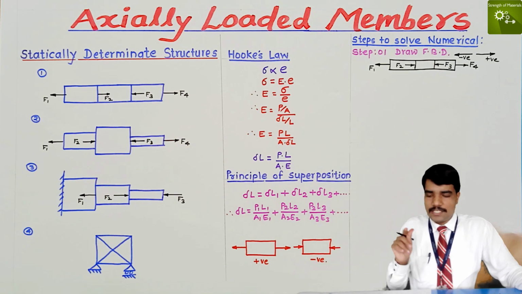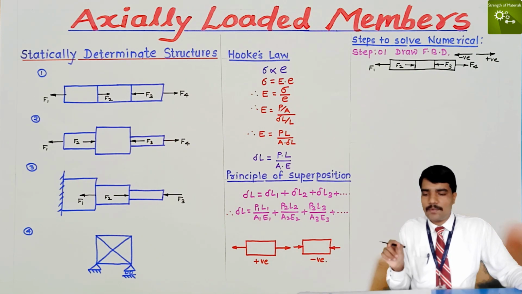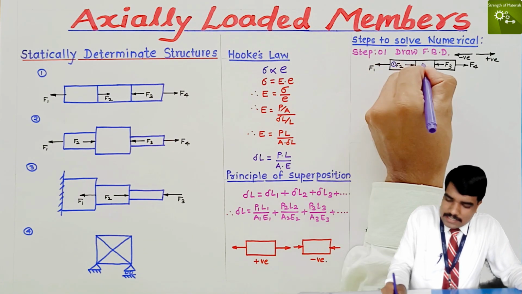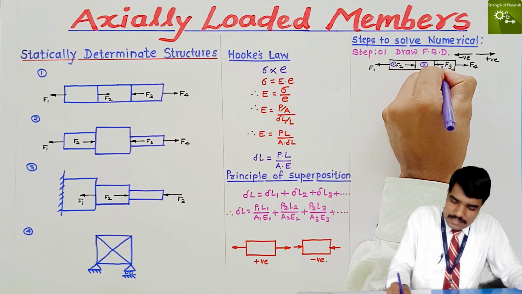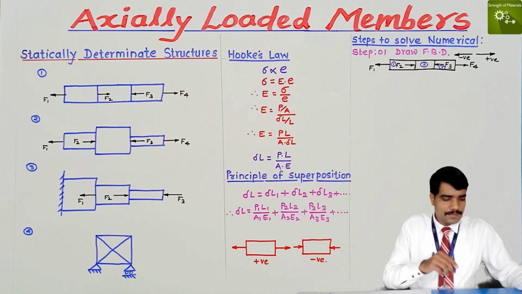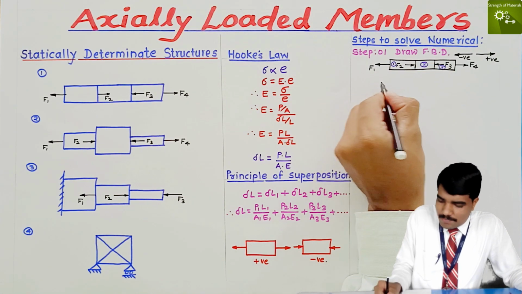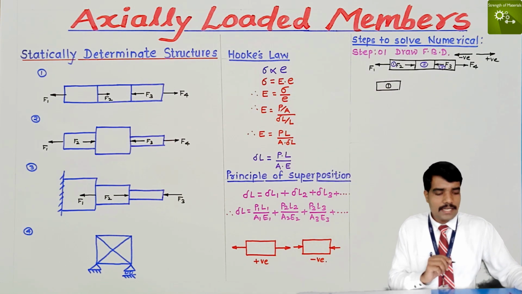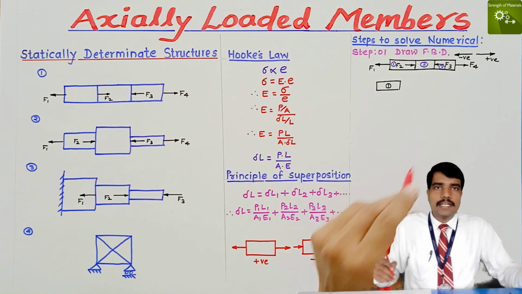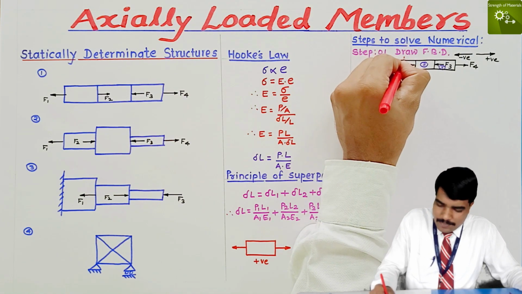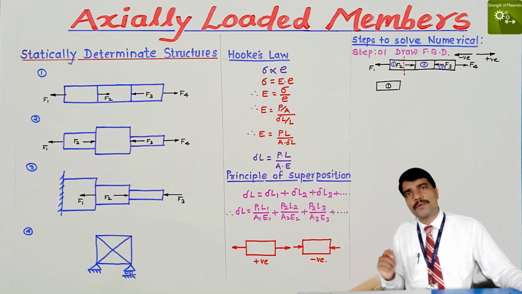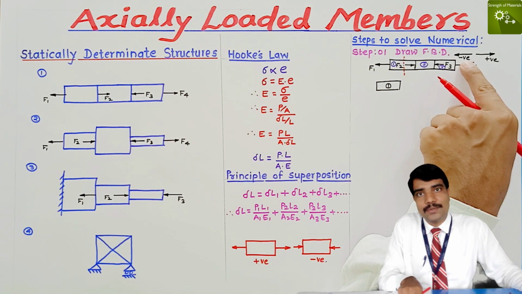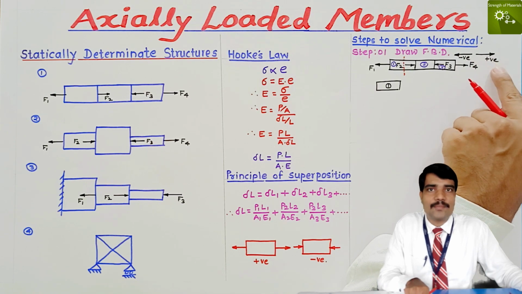So our aim is first of all to draw the free body diagram of each part. Let's consider this is the first part, this is the second part and this is the third part. Then draw the FBD of the first part. Simply we take one section in that first part. See the left side forces. If a force goes towards the left, we take negative, and if a force goes towards the right, we take positive.